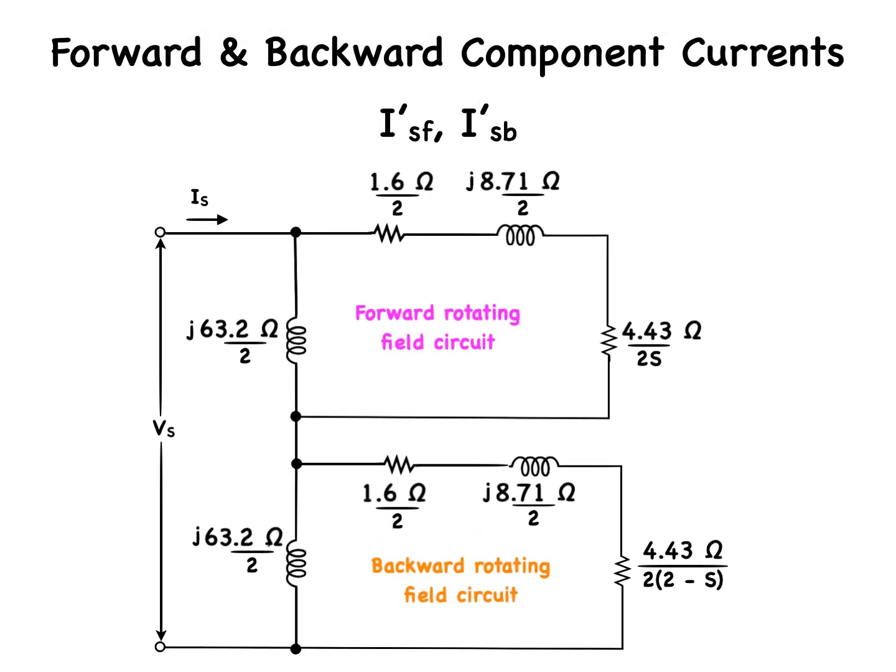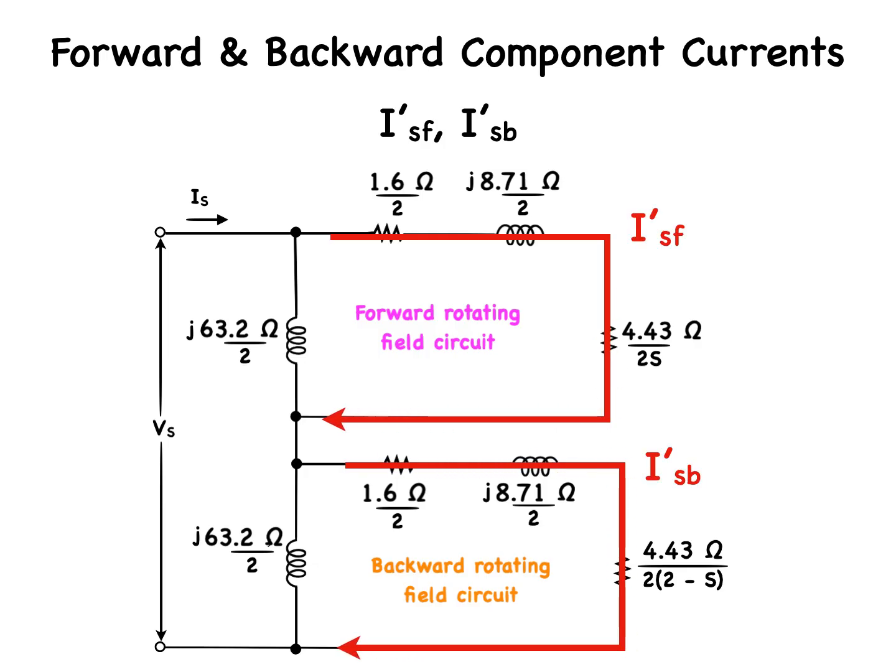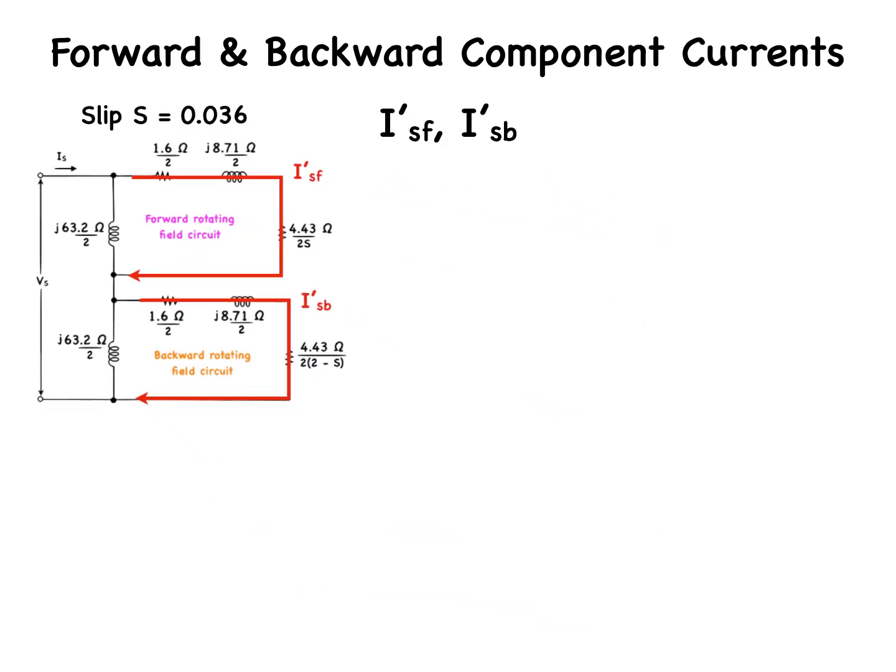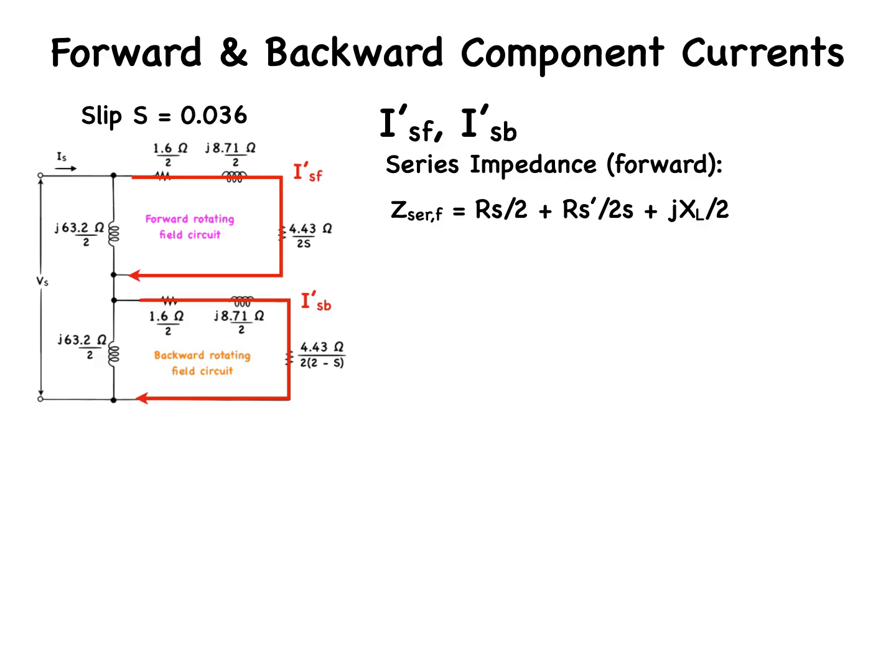Our last task is to calculate the forward and backward component currents I'SF and I'SB. These are the currents through the series components of the forward circuit and the backward circuit. We are first going to calculate the forward series impedance, which is made up of the stator resistance plus the rotor reactance reflected to the stator side plus the stator reactance.